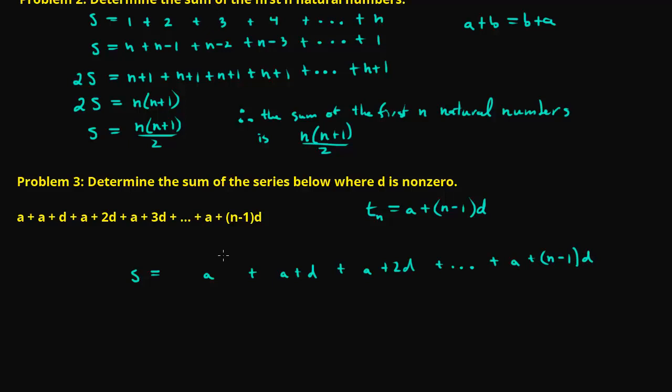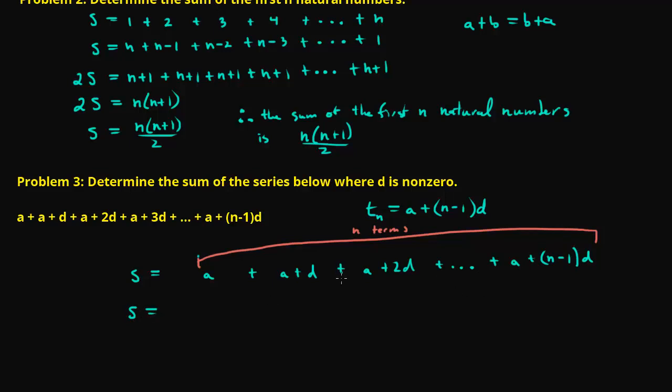Now there's n terms in this entire series, which is something to take note of, and we'll call the value of it s. And just like we did above, we're going to rewrite this series in reverse order.